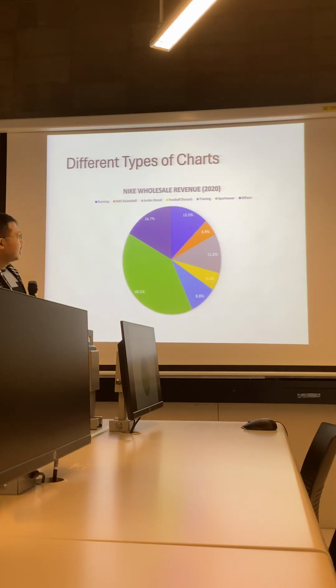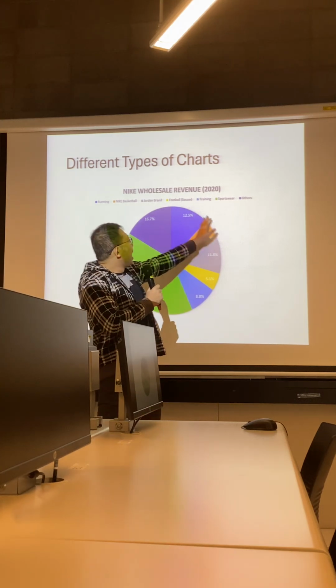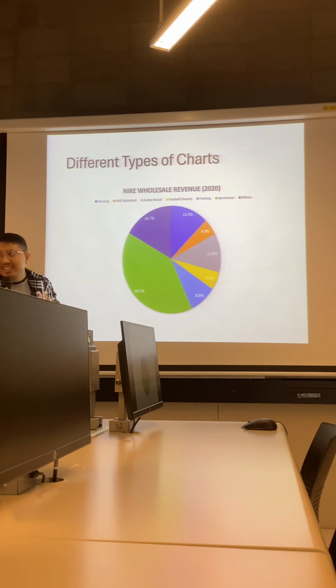Football, with 5.1. No, wait, it's not football. It's basketball, right? Basketball. How much is the proportion? 1.9%.